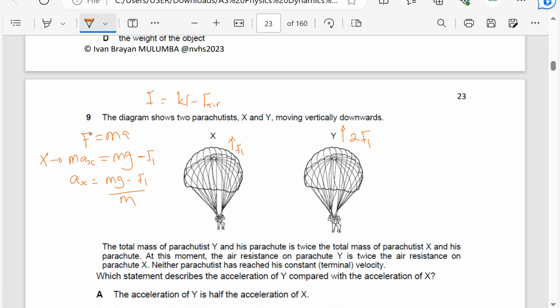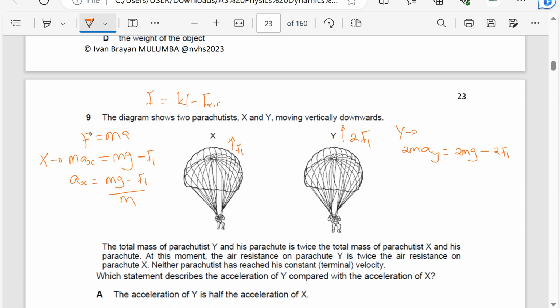But they say the total mass of parachutist Y and his parachute is twice the total mass of X. So if for X it is m, for Y it is going to be twice m. So let's check for Y. His mass is twice m times the acceleration, which I'm going to call a_Y, and it should be equal to the weight, twice m times g, then minus the force of air resistance, which is twice F1.